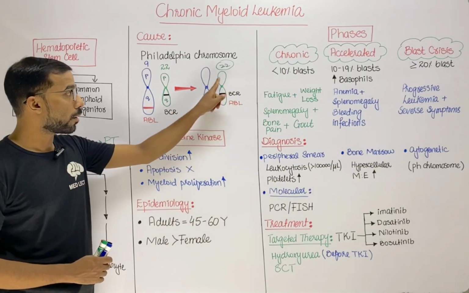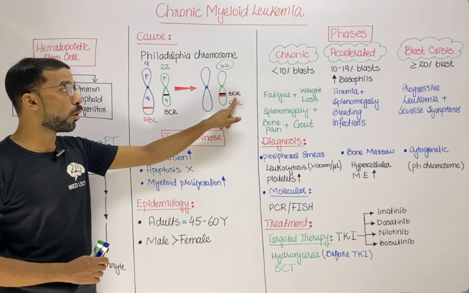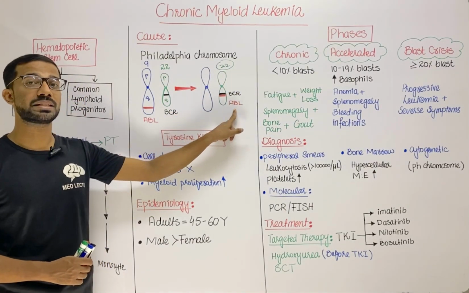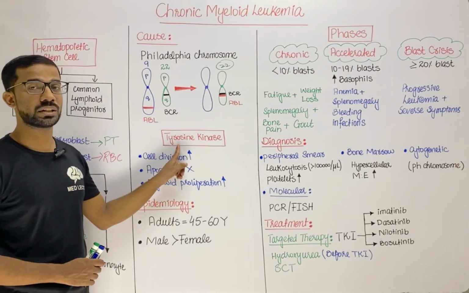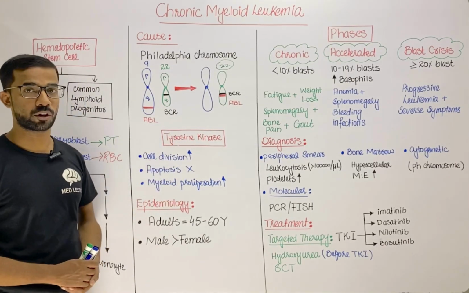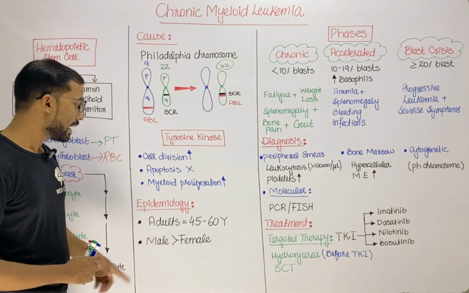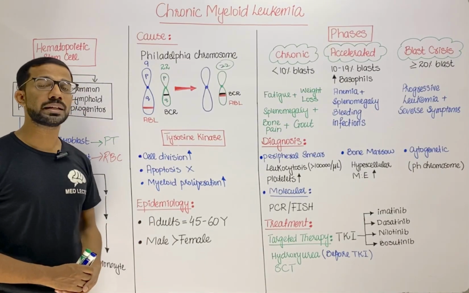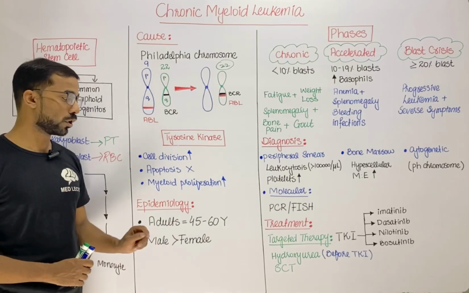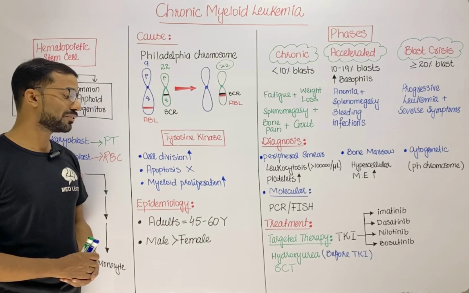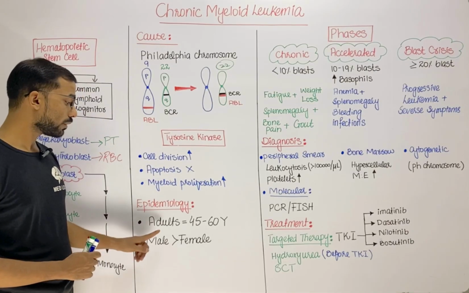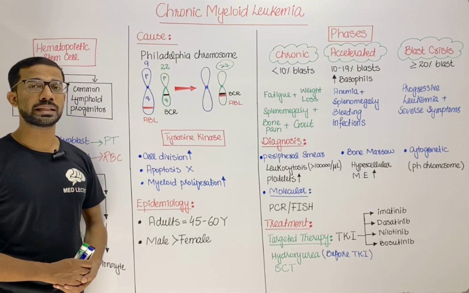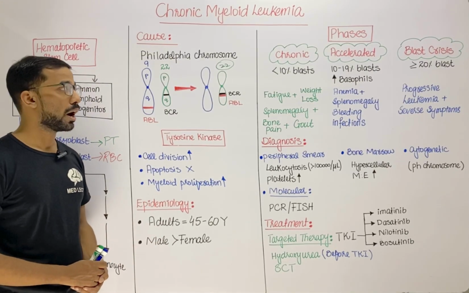This chromosome number 22 having the fusion gene ABL-BCR is called the Philadelphia chromosome, and ultimately you will see the activation of the tyrosine kinase and cell proliferation. Next, epidemiology. It is common in adults, most probably people between 45 and 60 years of age, and slightly more common in males as compared to females.